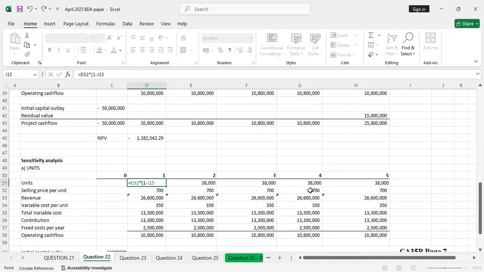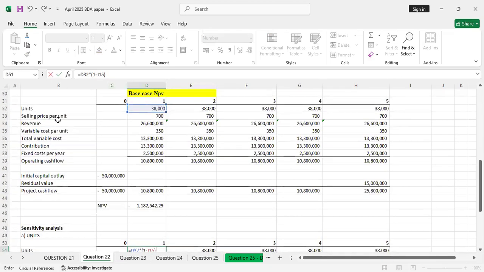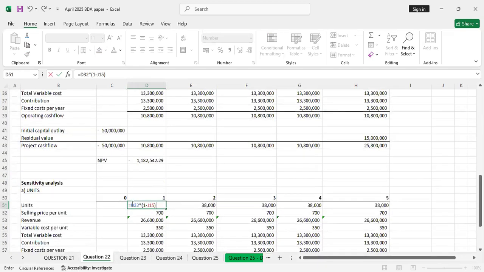So how will that be sensitive to the NPV? It means, what will happen to the NPV if units reduce by 7.5%? So we have D32, and you can see this is row 32. I'll lock that row only, row 32.